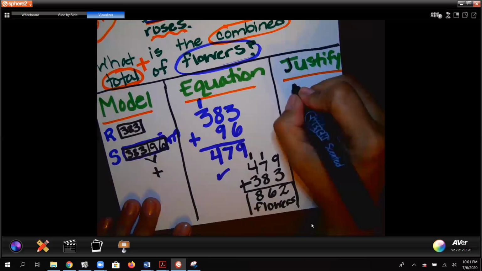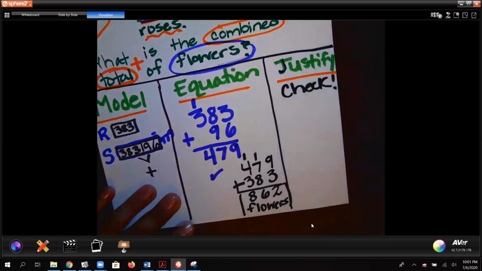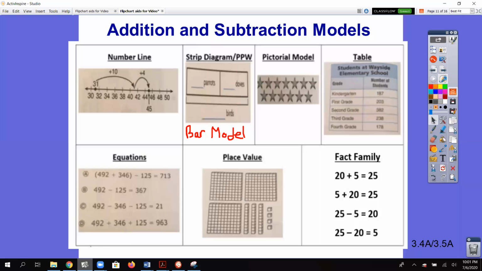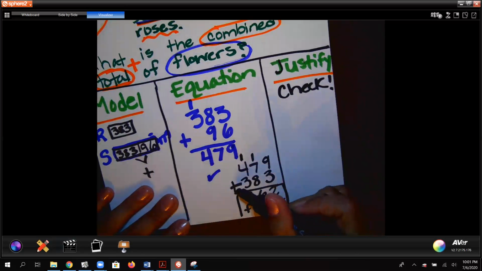Justify, that means check. So how can I check my work here? Well, I can use fact families. And remember, that was also one of the models. So in this problem, we used our bar model, and we also are going to use fact families to check. So the opposite operation of addition is subtraction.